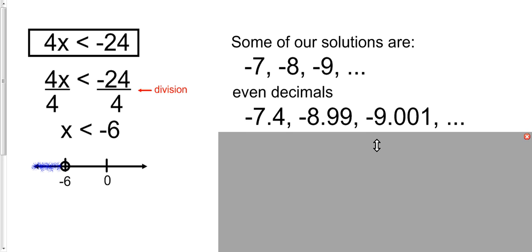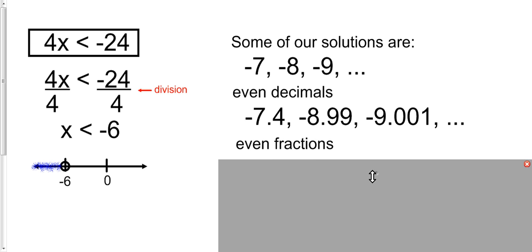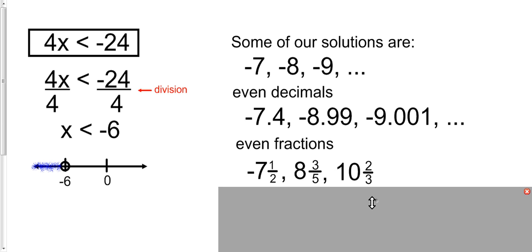Even decimals would work: -7.4, -8.99, -9.001, and so on. Also, fractions would work as solutions: -7.5, -8 3/5, and also -10 2/3.